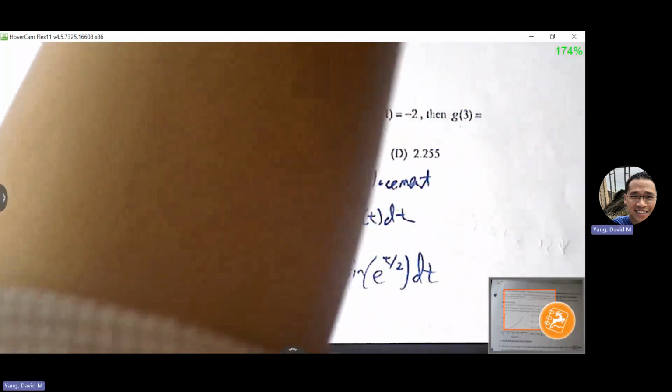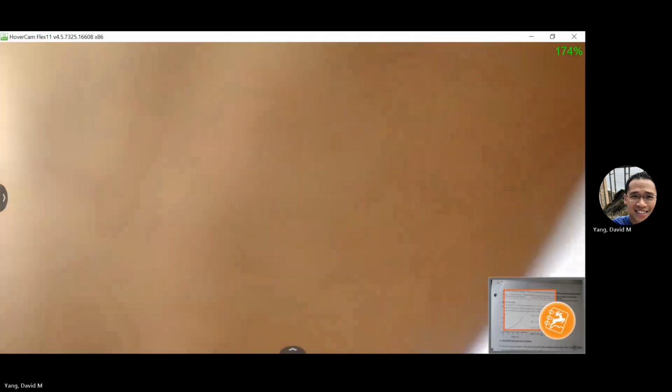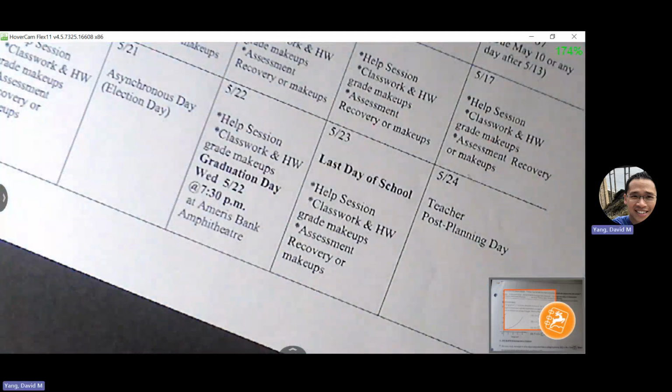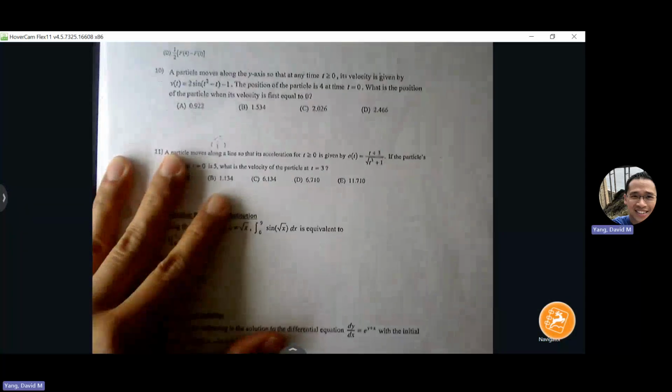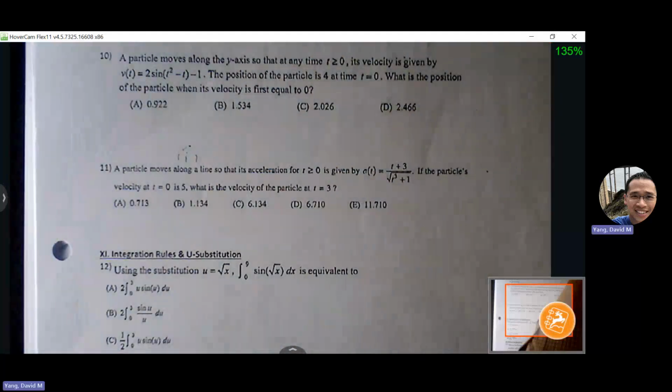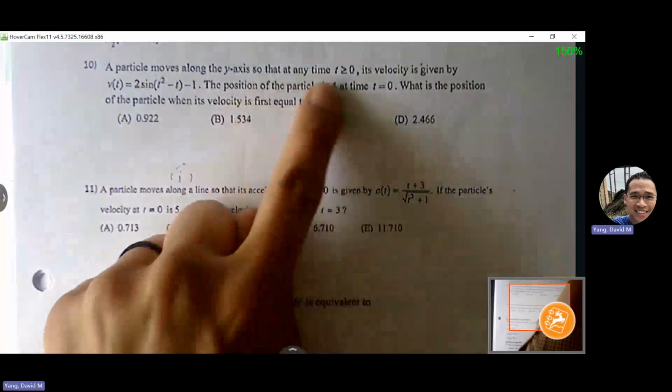Okay, let's do another particle motion problem, number 10. Actually, number 10 and 11, they all kind of have a similar feel to it. It's all kind of that final equals initial plus displacement. So let's see if we can get through number 10 at least. Okay, a particle moves along the y-axis.